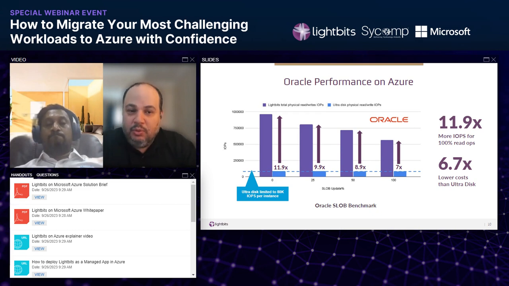Lightbits gives you multiple availability zone support, which means we do synchronous replication across multiple availability zones, and you get protection also for cases where an entire AZ goes down. This is very important for mission critical workloads such as Oracle. So it's not only about increasing the performance and reducing your cost. It's also about getting much better redundancy.